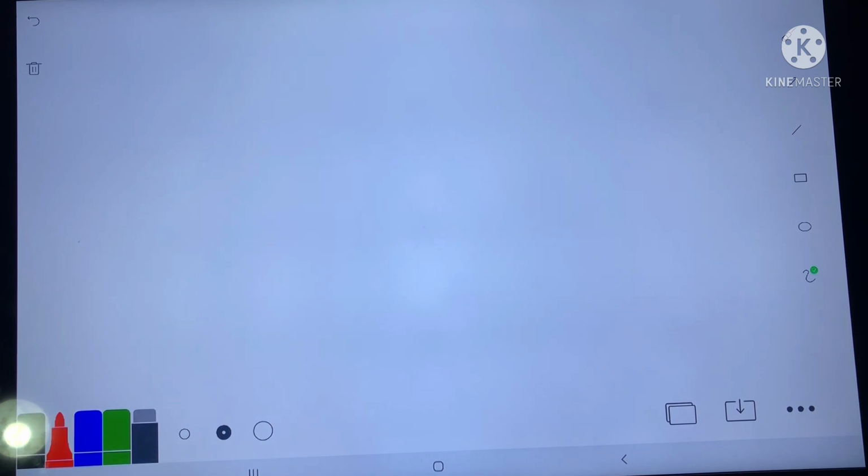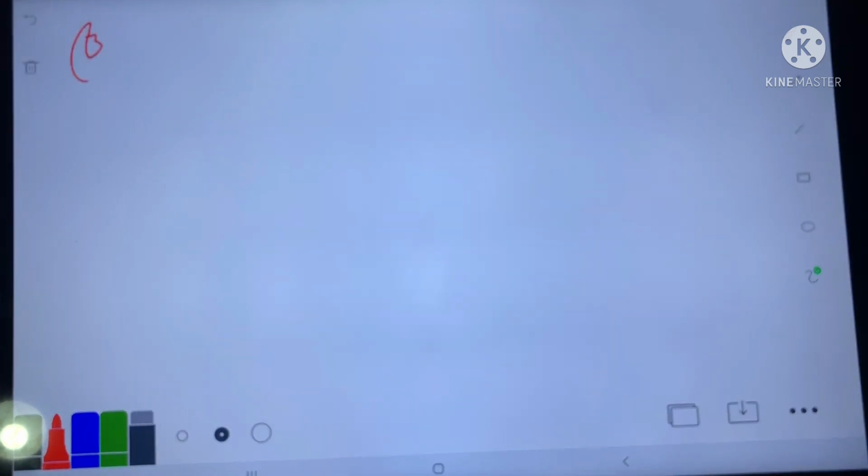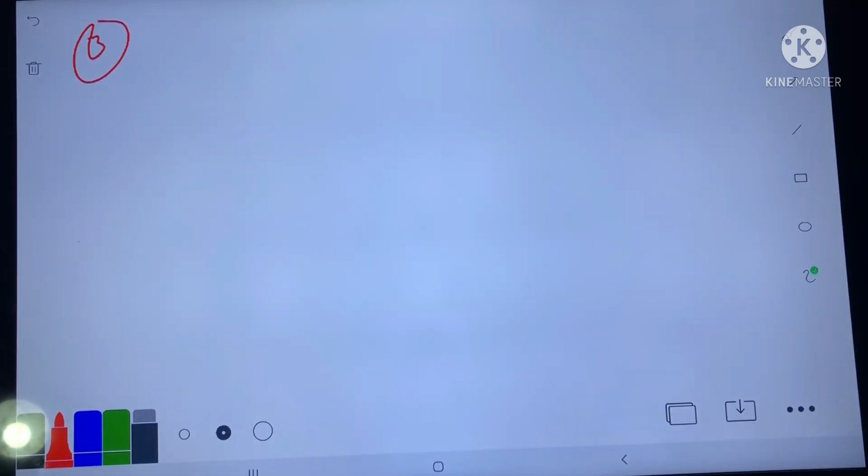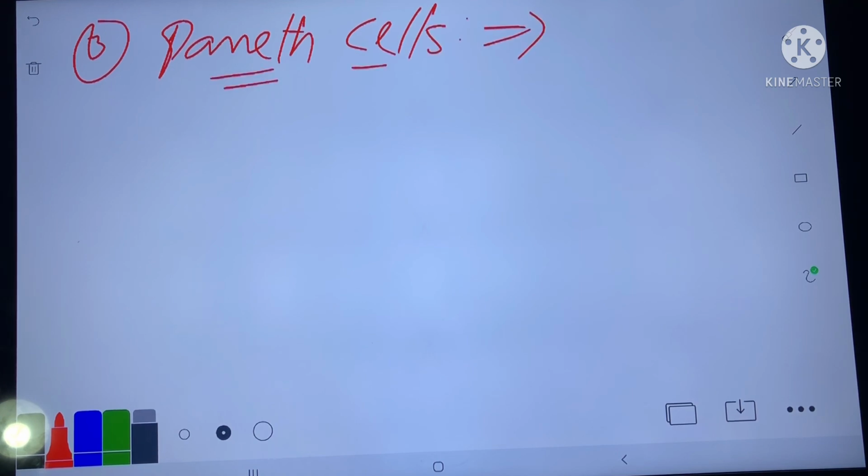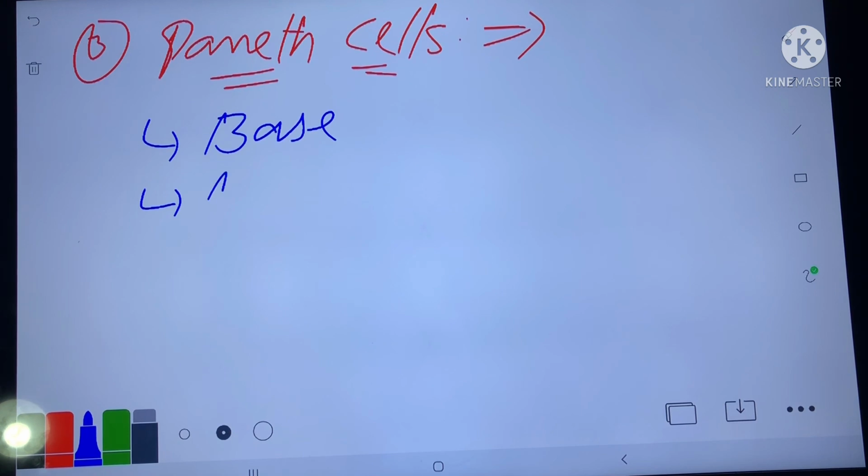Number three and the last cells that cause the intestinal secretions are Paneth cells. They are present inside the intestine, located at the base. They have a high level of zinc.